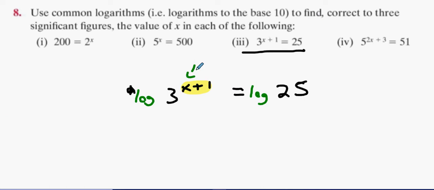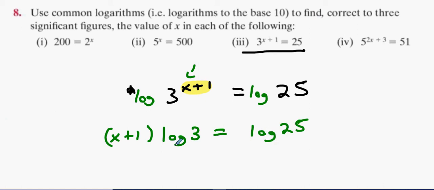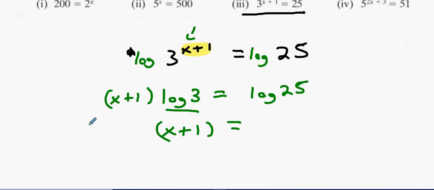Works to perfection. Okay? Daily, what do you do with the power? And you're going to get x plus 1 log 3. Okay? That's log 25. Now, what do you do with the log 3? It's multiplied on the left, which means divide on the right. Do log 25 divided by log 3, please.